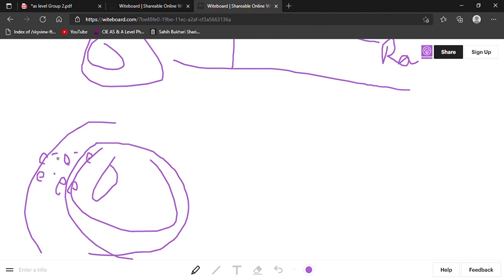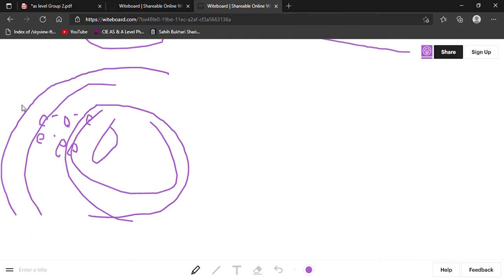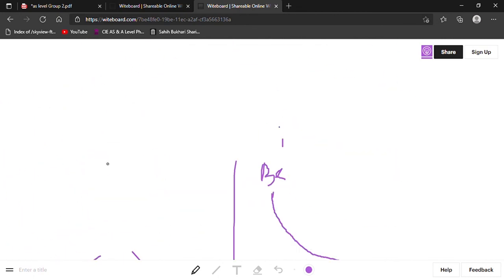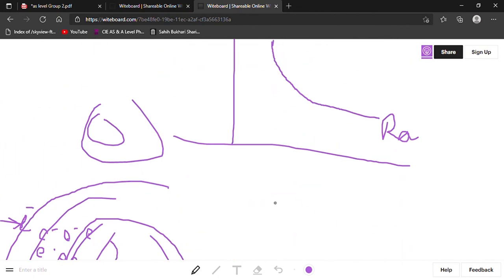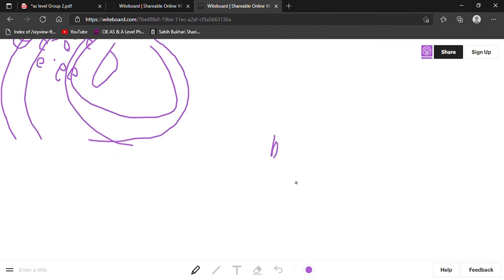The distance also increases. When we talk about the ionization energy, we are talking about the last electron. The energy we have to give for the last electron is decreasing down the group, because in beryllium the electron was closer to the nucleus.